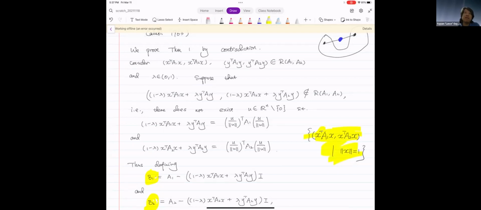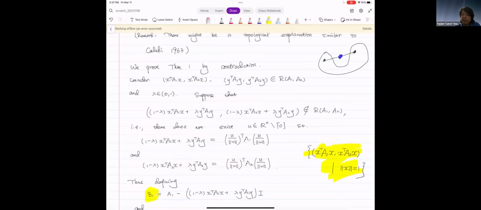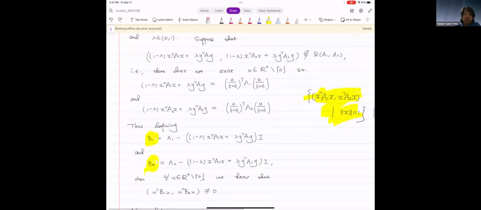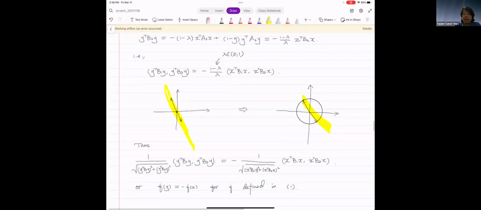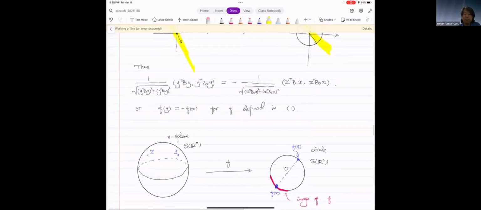And if this set is non-convex, then there has to be a line segment connecting two points such that one point on the line segment does not belong to the set. And then what I'm saying is that if there exists such a point that does not belong to the set, then I am able to somehow generate two vectors of opposite directions, and therefore, pushing them to points over the circle, I can find a counterexample of the previous proposition.